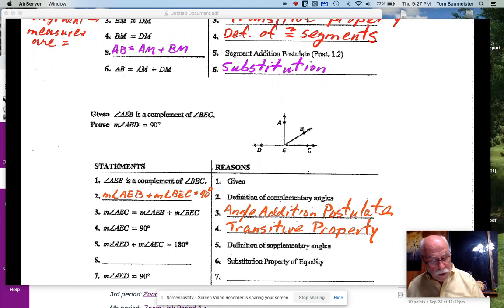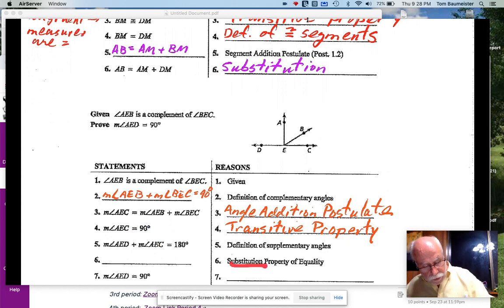So I can say that the measure of angle AED plus the measure of angle AEC is equal to 180 degrees, by definition of supplementary angles. Now I'm going to take this and substitute this in for this.